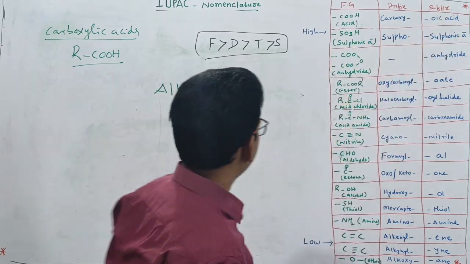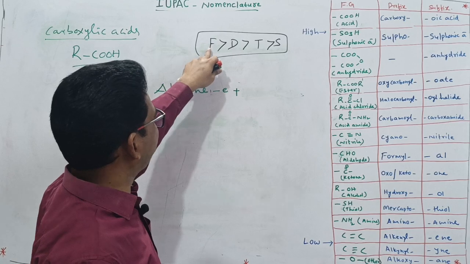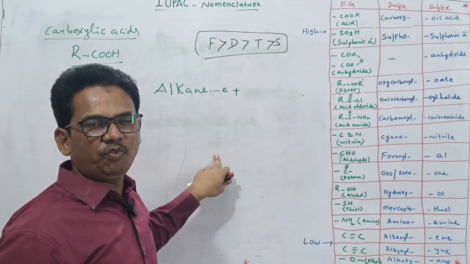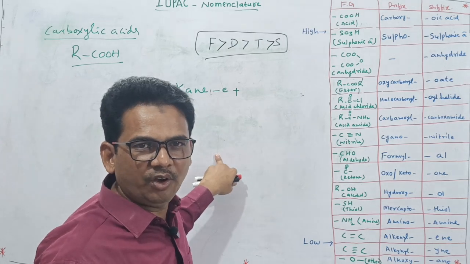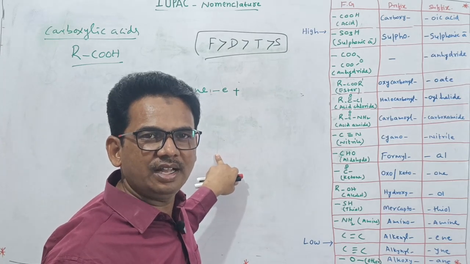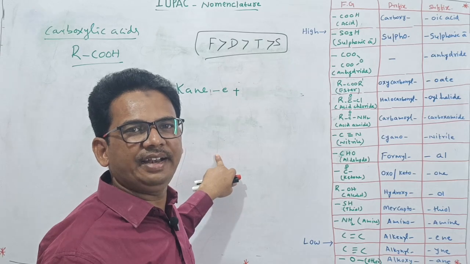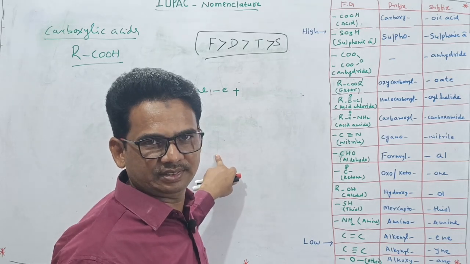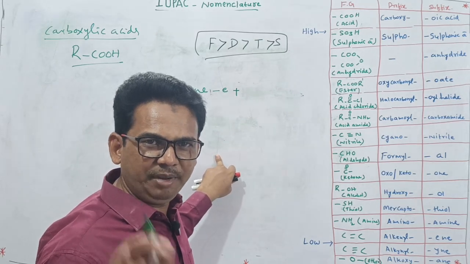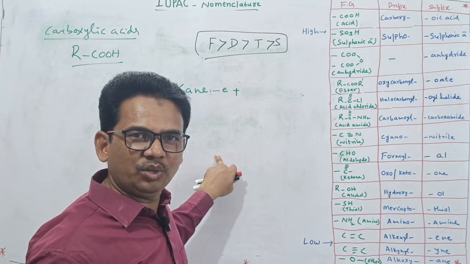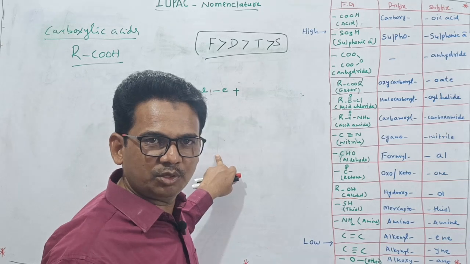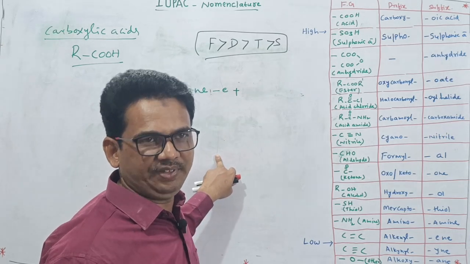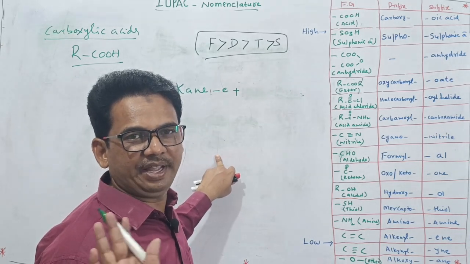Oic acid, because whenever a functional group is there, we have to write that functional group as the suffix. You cannot write it as the prefix like halogens. Remember this difference: only halogens are written as the prefix, but all functional groups are written as the suffix.